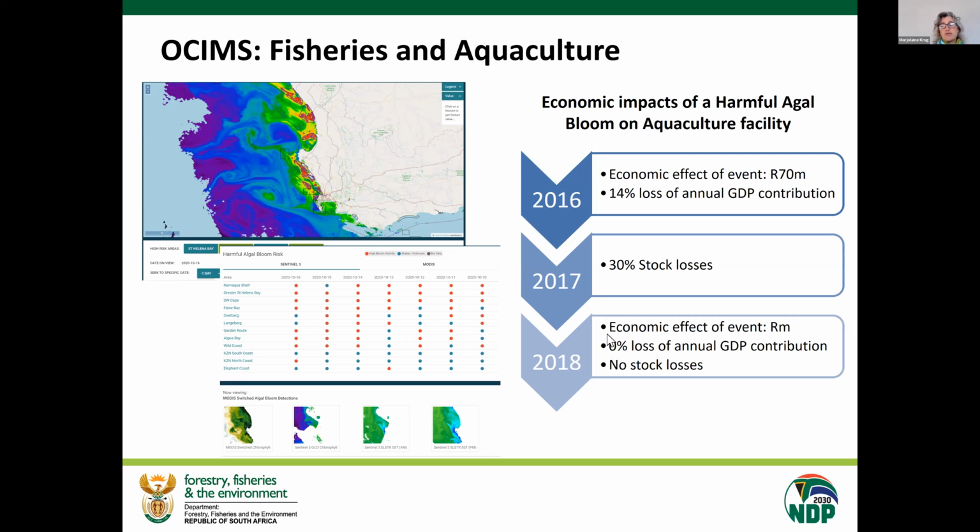And this can avert serious economic loss, for example, for the aquaculture industry, because they're able to switch off their pump and isolate the system from potentially contaminated or toxic water. So there's also some measurable economic impact of this tool. And this tool is used day-to-day by stakeholders, and they communicate risk through WhatsApp messages, for example.